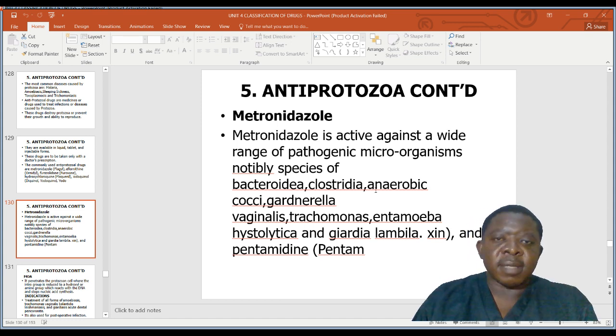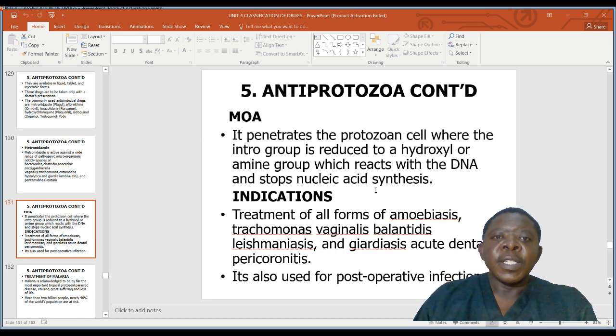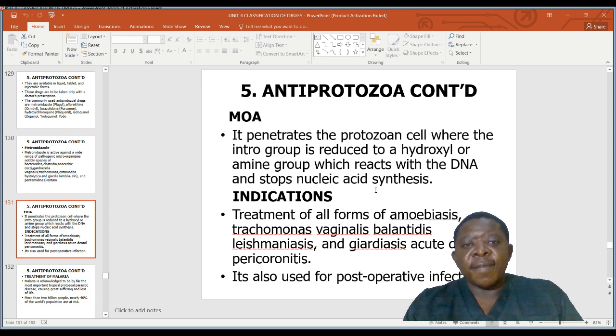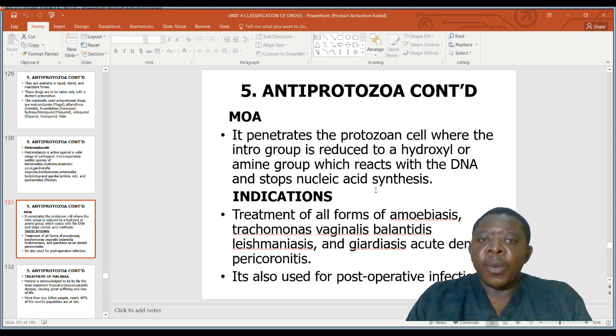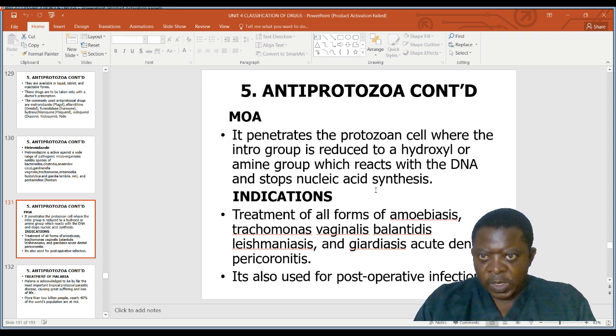That is for metronidazole as an antiprotozoal drug. The mode of action of metronidazole: it penetrates the protozoan cell, where the nitro group is reduced to a hydroxylamine group, which reacts with the DNA and stops nucleic acid synthesis.